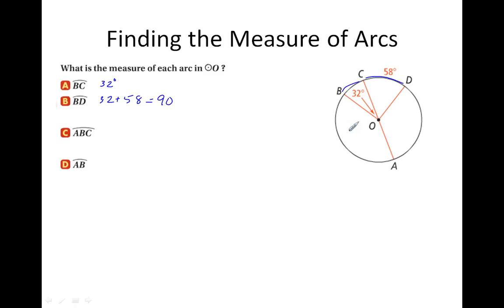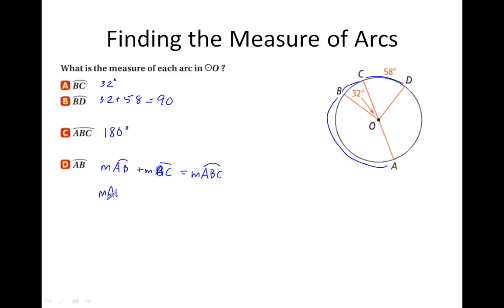Now ABC, when we look at that, that's a semicircle because we have diameter AC. All semicircles have a measure of 180. And if we look at arc AB, that's this part right here. Well, I know that the measure of arc AB plus the measure of arc BC is going to be the same as the measure of arc ABC, which is good because I know BC and I know ABC.